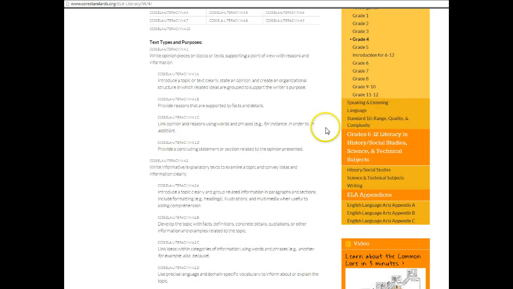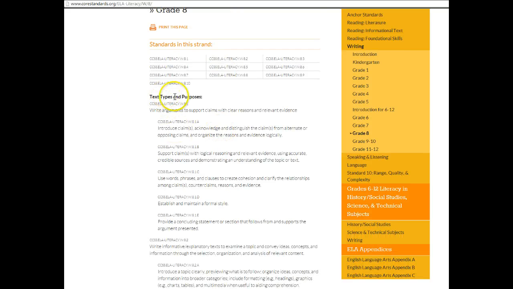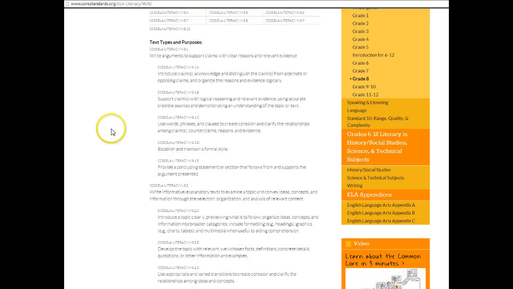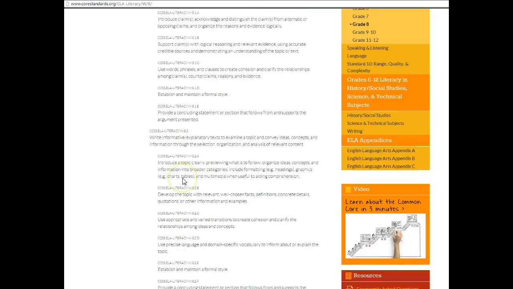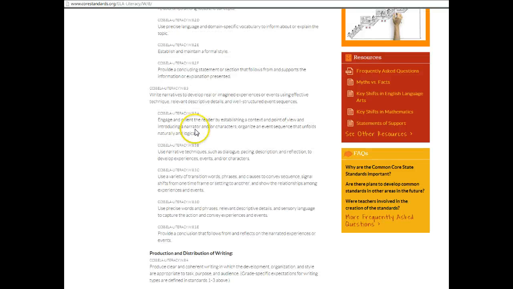Let's scroll back up. Let's take a look at the 8th grade. Again, under text types and purposes, we still have the 3 main text types: argumentative, expository or informative explanatory. Again, each with its separate sub-strands or sub-standards. And then here are narratives.